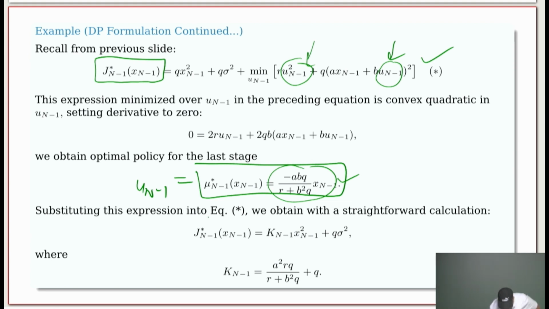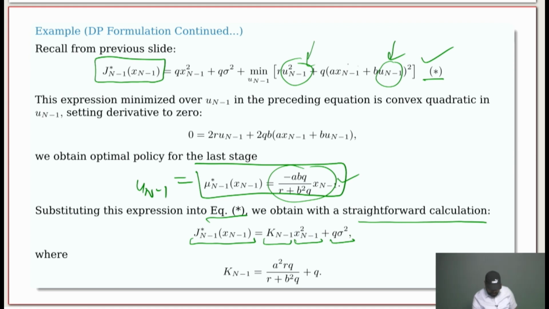So substituting this expression in this star, we obtain, after a straightforward calculation and simplification, that J_{n-1} star of x_{n-1} comes out to be K_{n-1} x_{n-1} squared plus q sigma squared. Okay, these are simple calculations that I might leave up to you.